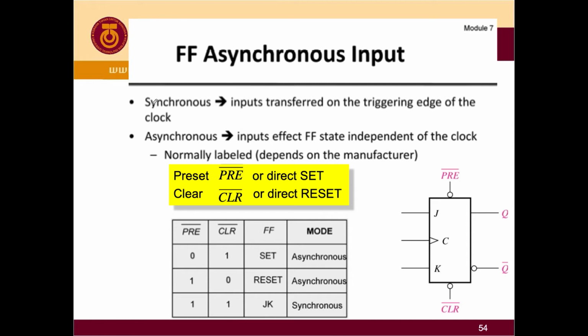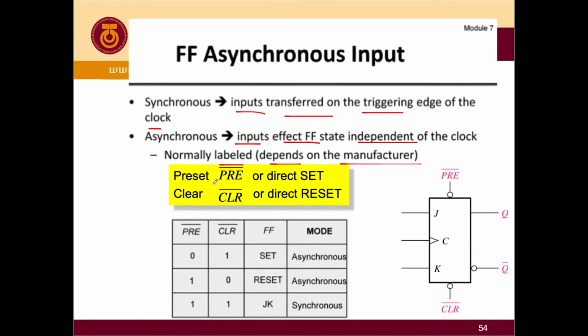And another one is our flip-flop asynchronous input. Synchronous is input transfer on the trigger edge of the clock, and asynchronous is input that affects the flip-flop independent of the clock. Normally labels depend on the manufacturer.